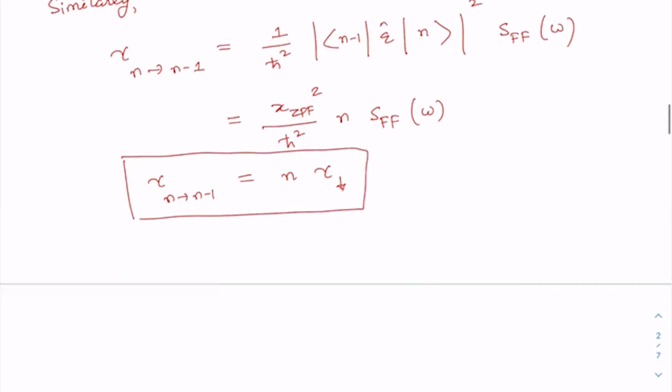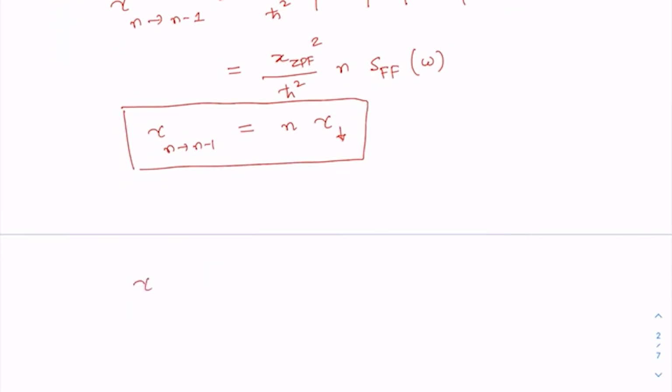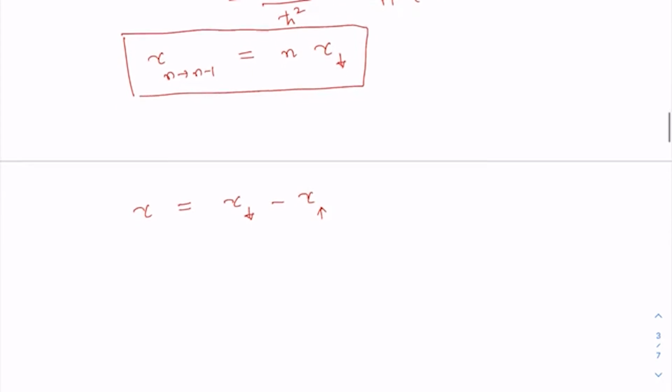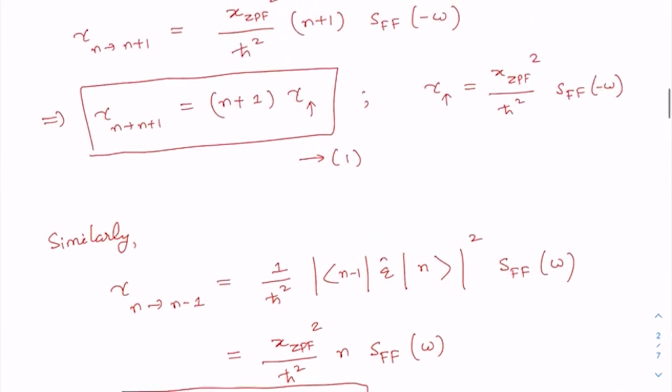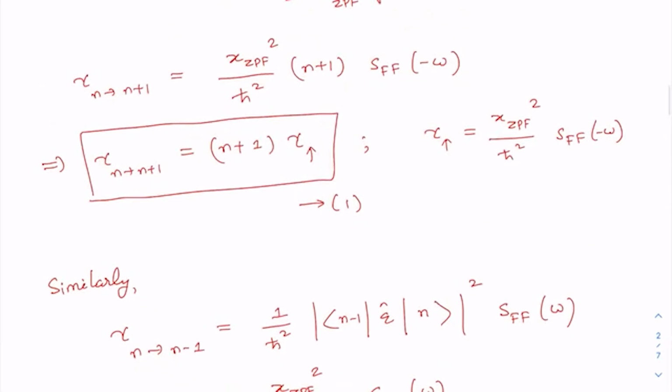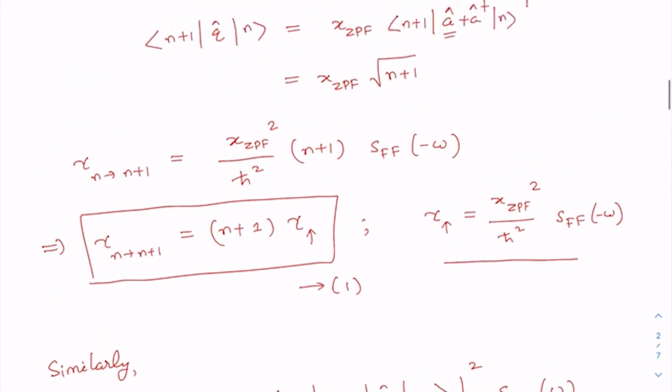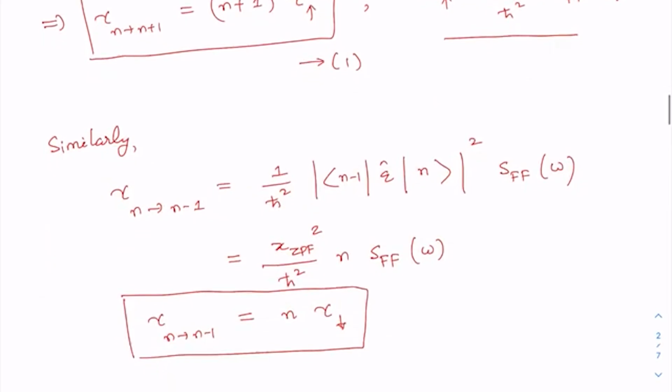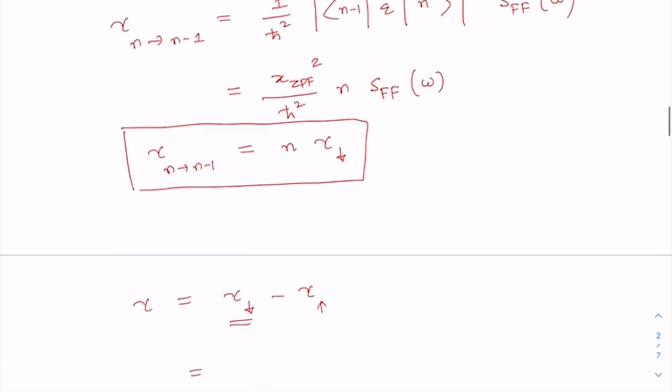Now as per the definition, the dissipation rate is the downward transition minus the upward transition. For dissipation to happen, the downward transition rate has to be higher than the upward transition rate. So now gamma down, as you can see, this is gamma up, and gamma down also you can read out from here very easily.